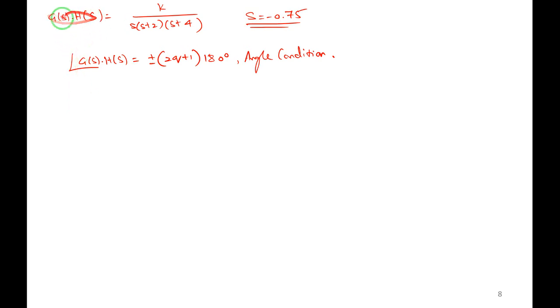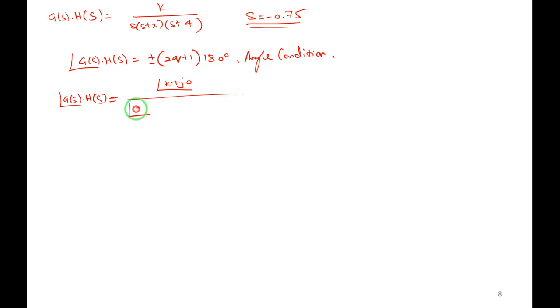So this is g of s and h of s. Let me apply angle on both the sides. So angle of g of s into h of s is equal to angle of k. Simply instead of writing k, I will write plus j0. It doesn't affect anything, no. Imaginary part anyhow it is 0, because S plane is a complex domain, right? Let me write it like this, no problem.